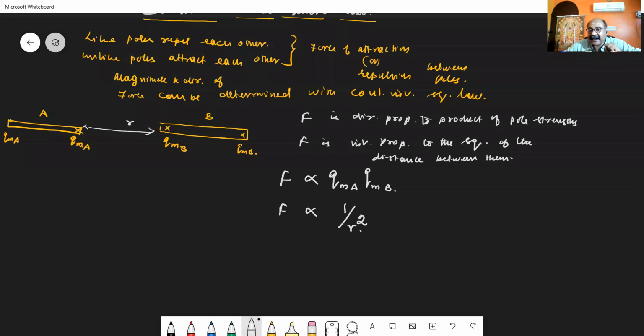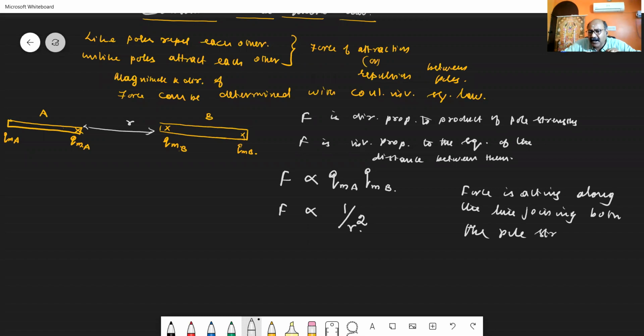Along what direction is it acting? The force is acting along the line joining both the pole strengths. It may be repulsive if both pole strengths are of the same nature, and attractive if both are of opposite nature.